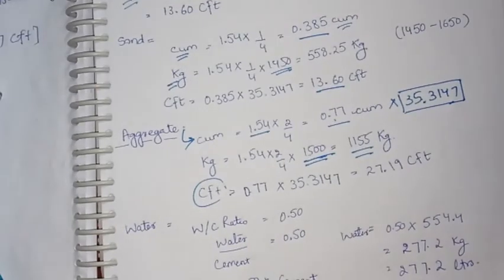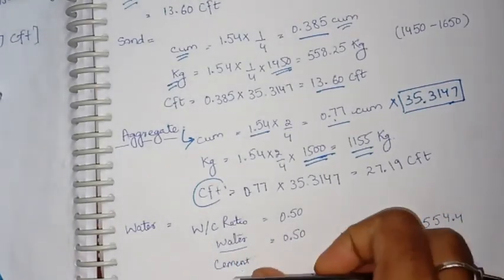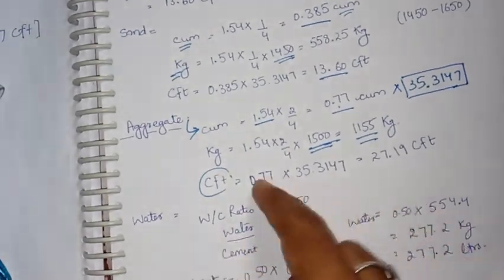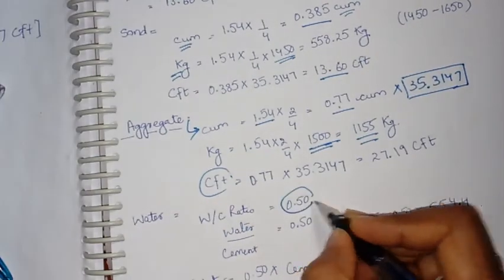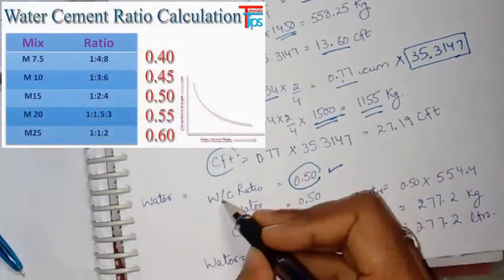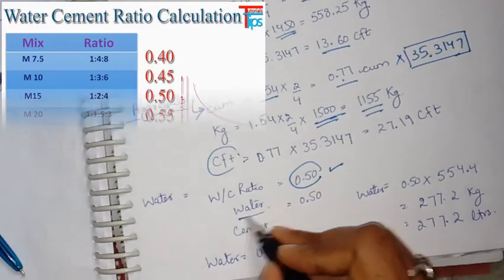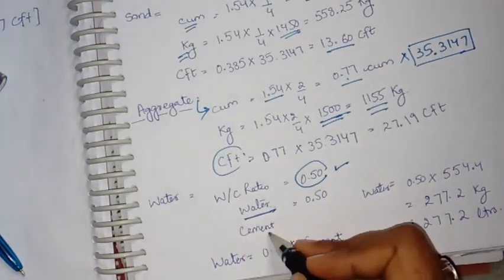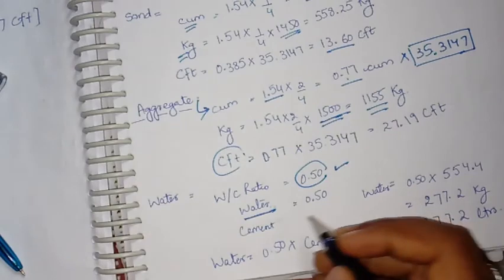And if I want to calculate the water, I'm taking a 0.50 water cement ratio. Water upon cement equals 0.50.